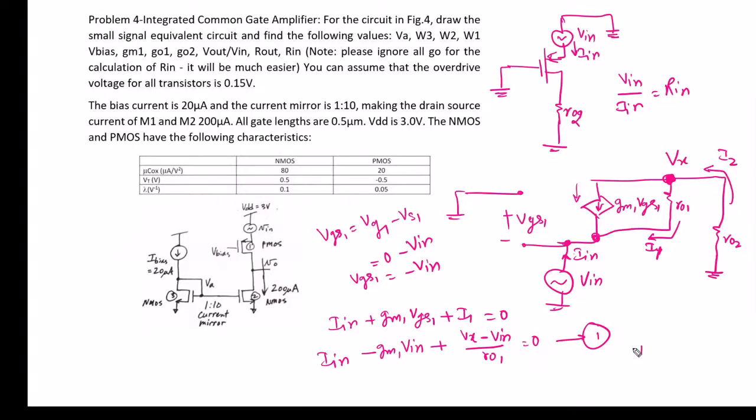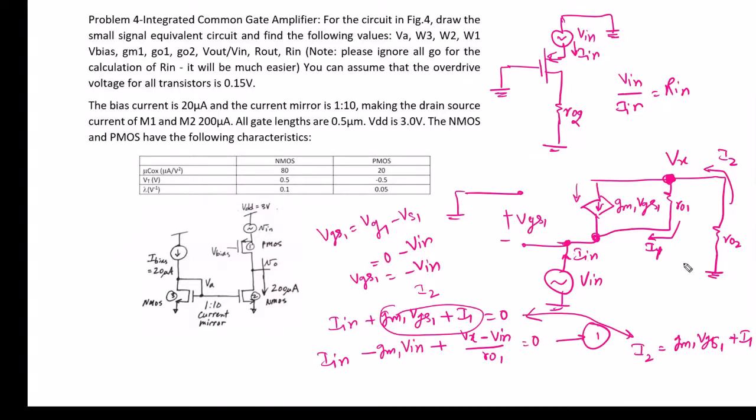We can write I2 equal to GM1 VGS1 plus I1. Now we can compare these two equations. Instead of GM1 VGS1 plus I1, we can put I2 here. So this equation will be I in plus I2 equal to 0. So I2 will be equal to minus I in.